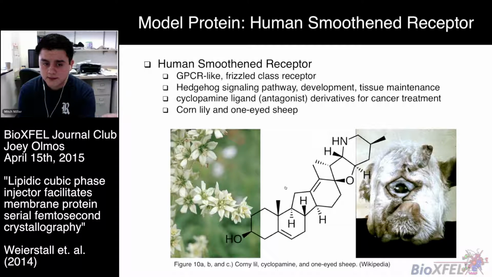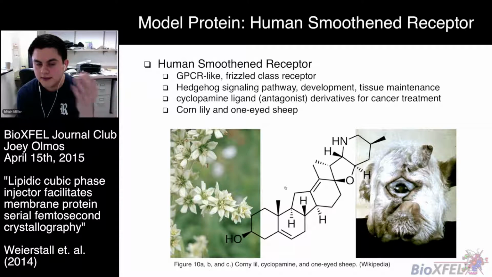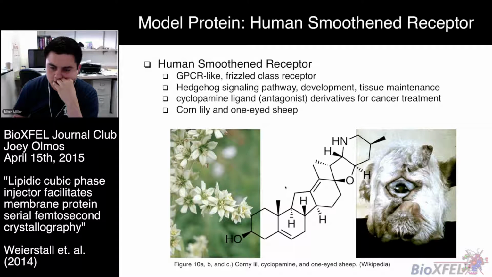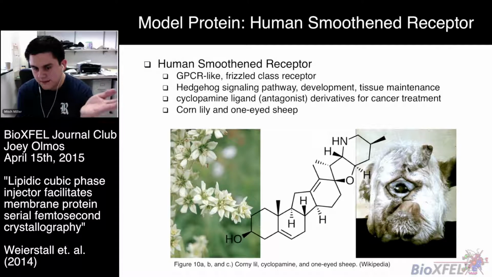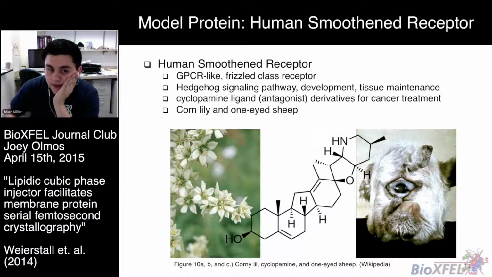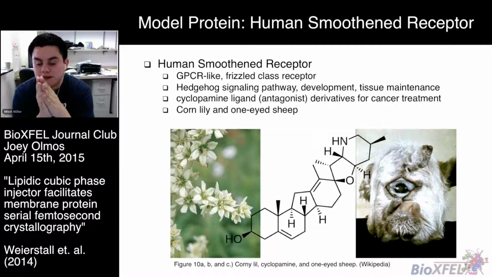The cyclopamine ligand is naturally found in corn lily abundantly, and you might remember a while back there was this one-eyed sheep, cyclops, basically, that resulted from its parent sheep eating a bunch of this corn lily, and it resulted in this developmental mutant phenotype where it's a cyclops.